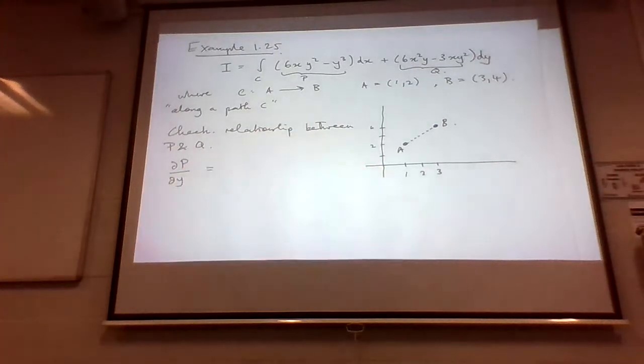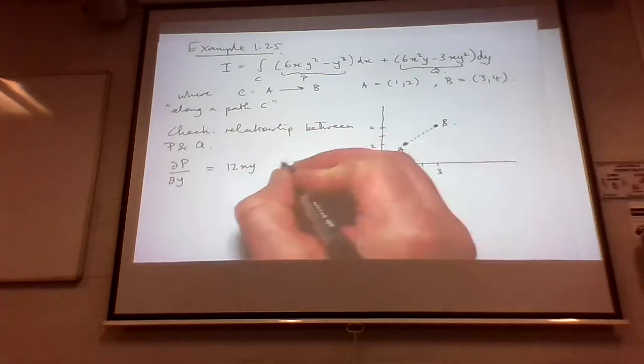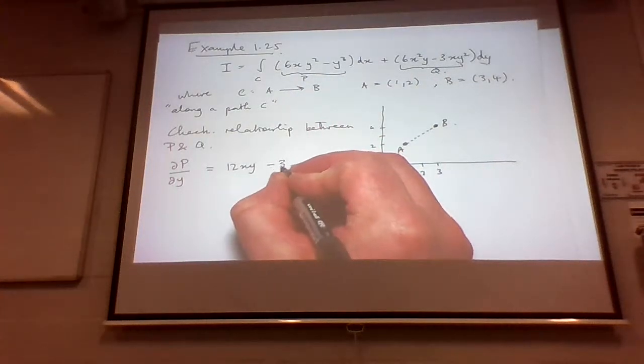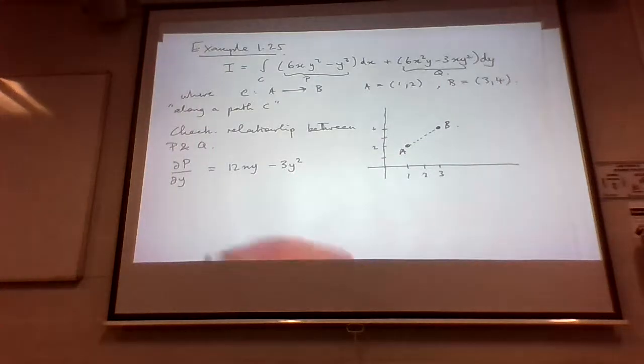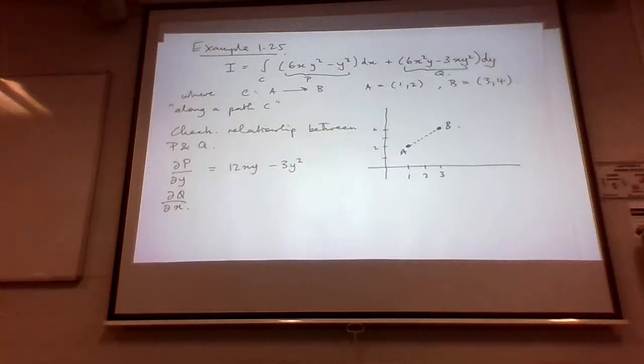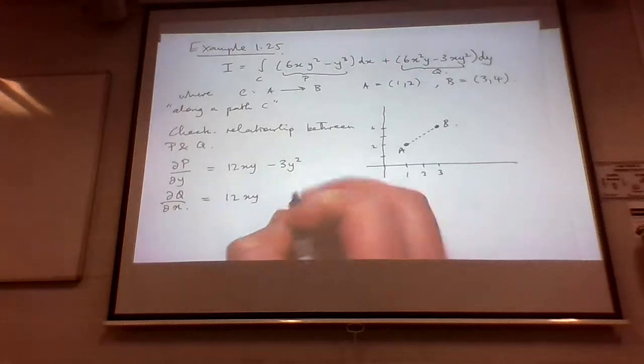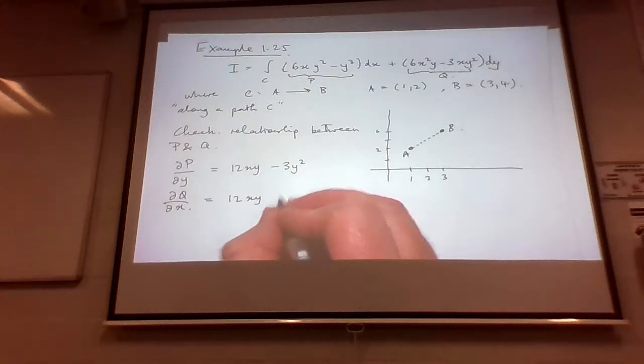If you differentiate p with respect to y, we get 12xy minus 3y squared. Similarly, the x derivative of q, the other one appearing in Green's theorem, is the same thing, 12xy minus 3y squared.